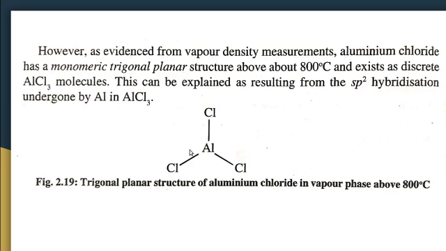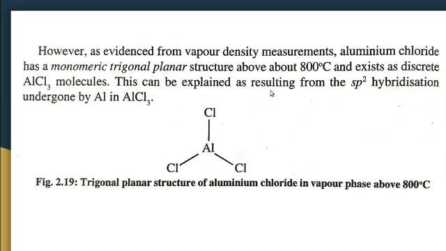It cannot exist as a dimer. That means at a high temperature the molecules will dissociate. So we know that at 400 degrees Celsius it can exist as a dimer, but at around 800 degrees Celsius it will dissociate and cannot form dimers, and it will appear as discrete or single AlCl3 molecules with a monomeric trigonal planar structure. So the hybridization is sp2.